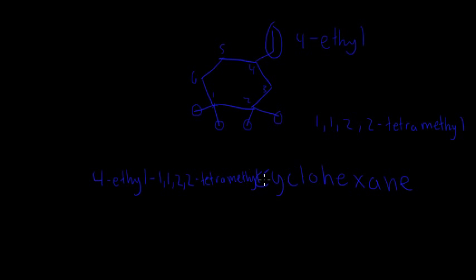I ran out of room, but that's how you would name that. Just memorize that you have to keep the numbers as low as possible. That's why I didn't start here going 1, 2, 3, 4, 5, or up here going 1, 2, and then having this be 3 and 4. So just keep that in mind. You want to keep them as low as possible.